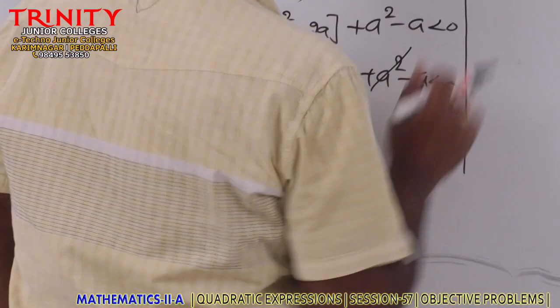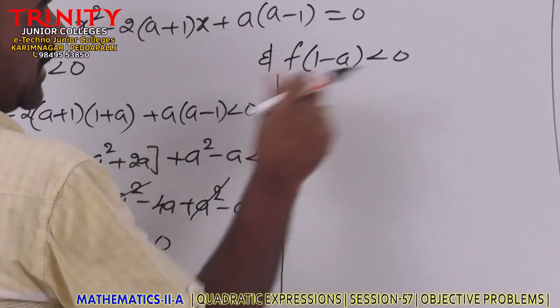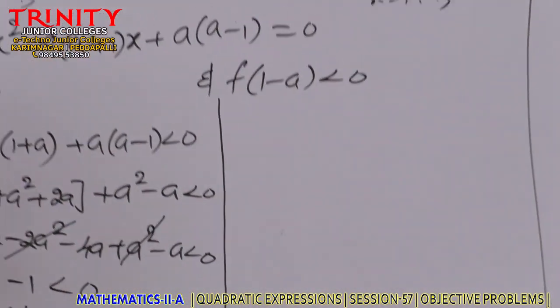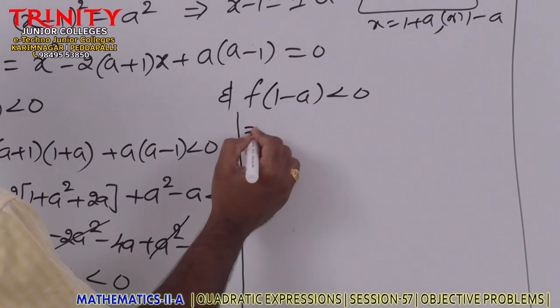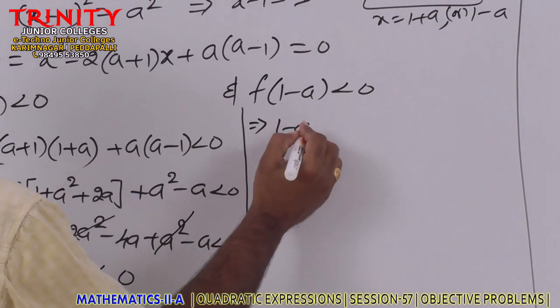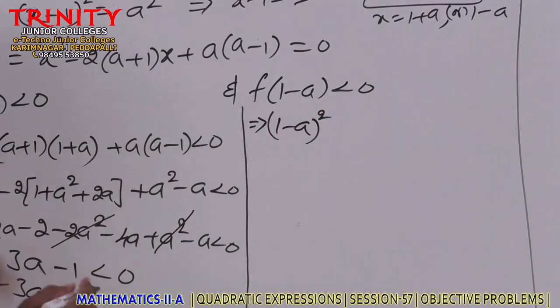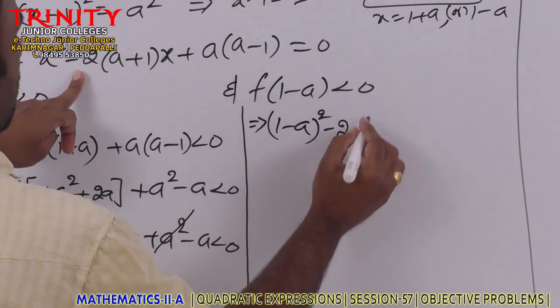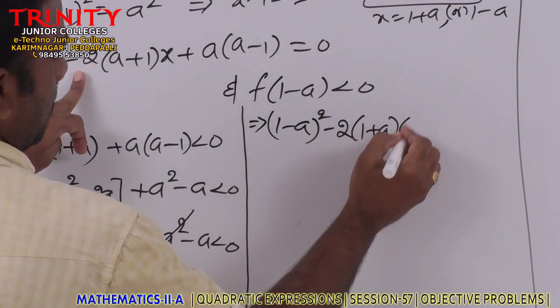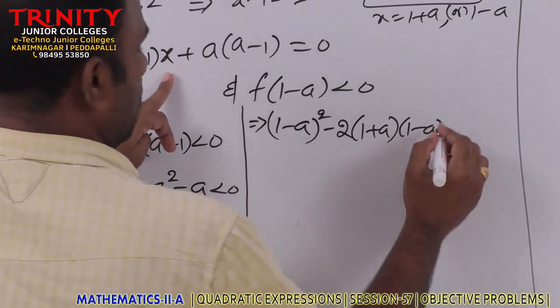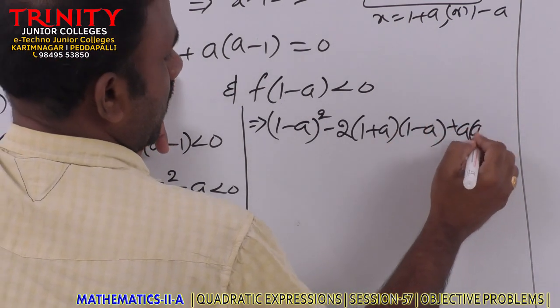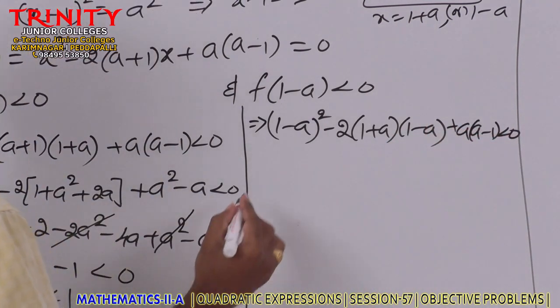Now comes to this one. One more condition is f of 1 minus a is less than 0. Replace in f of x. What will we get? 1 minus a whole square minus 2 of 1 plus a into 1 minus a plus a of a minus 1 is less than 0.